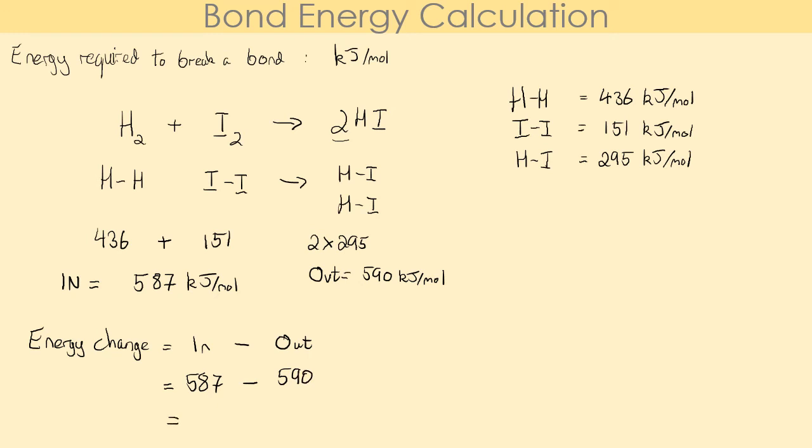That will give us an energy change of minus 3 kilojoules per mole. Because this is an overall negative energy change, this is going to be an exothermic reaction. A negative energy change is an exothermic reaction.